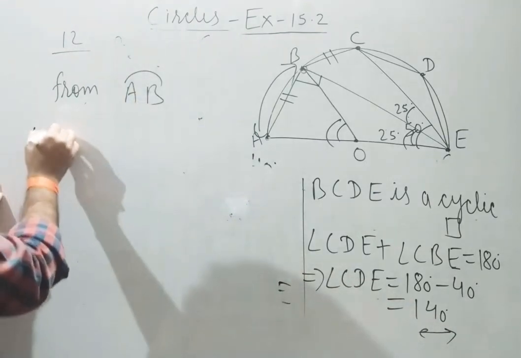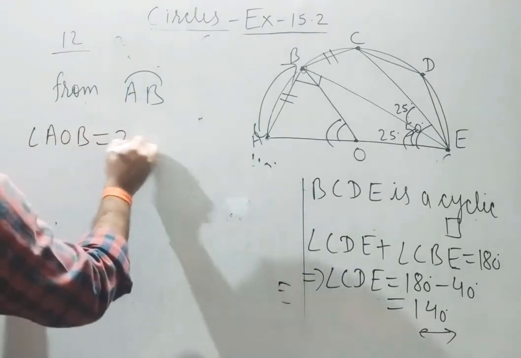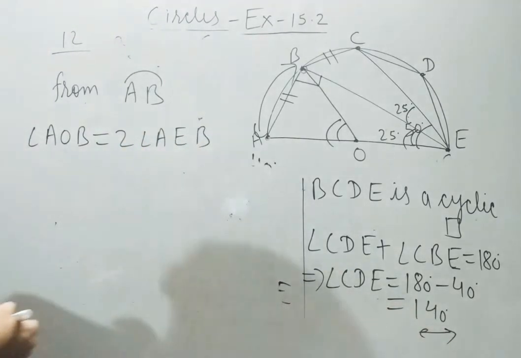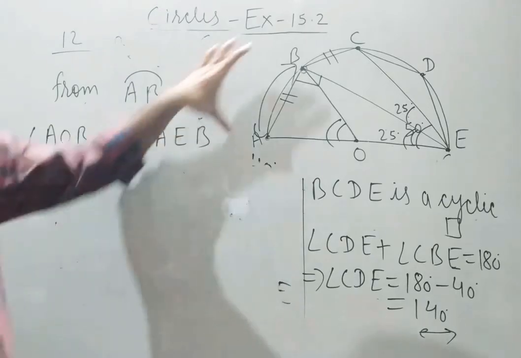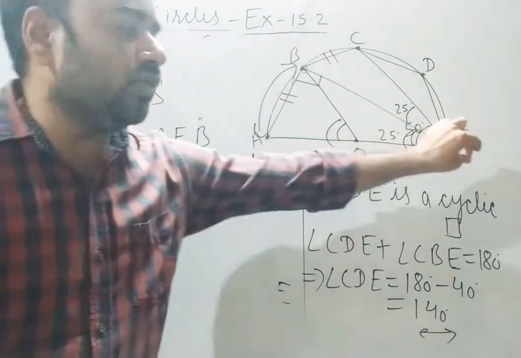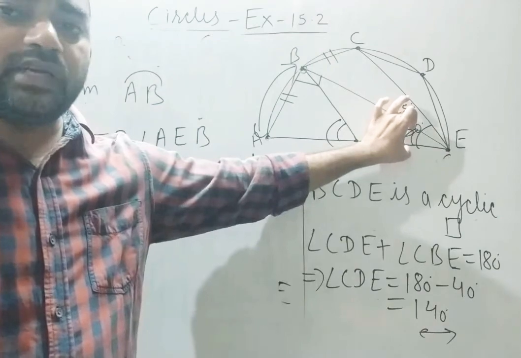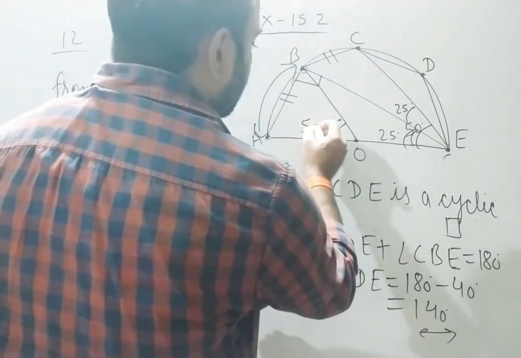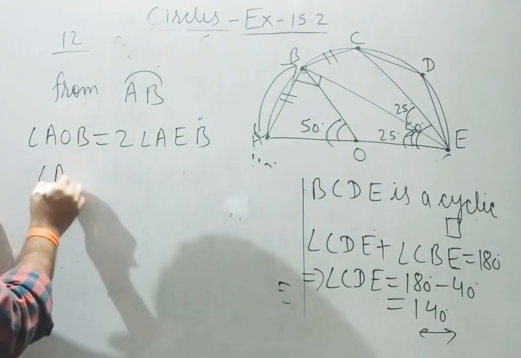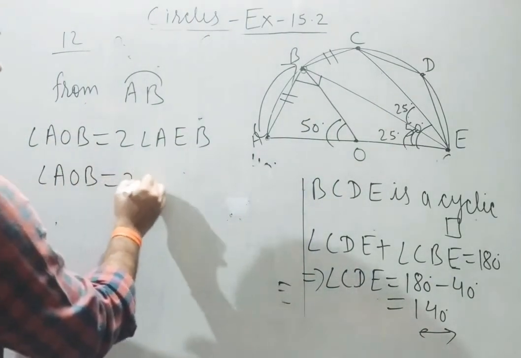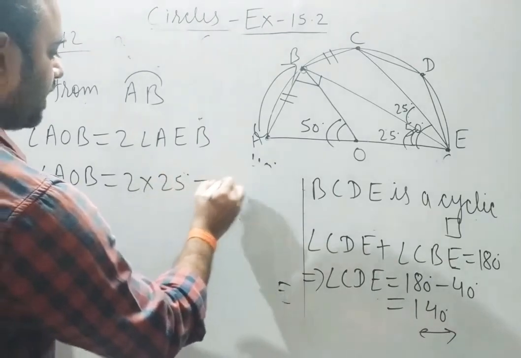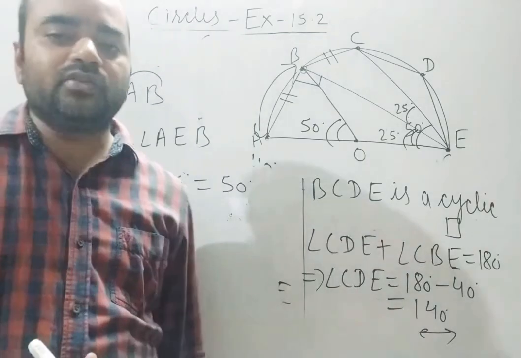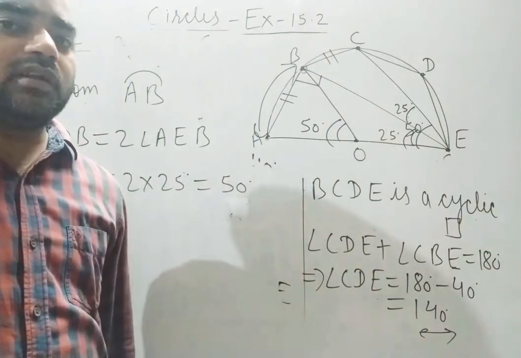Angle AOB is equal to 2 times angle AEB. Correct? One is at the circumference, 25, another one is at the center. It means this will be 2 into 25, that is 50 degrees. Correct? AOB understood.